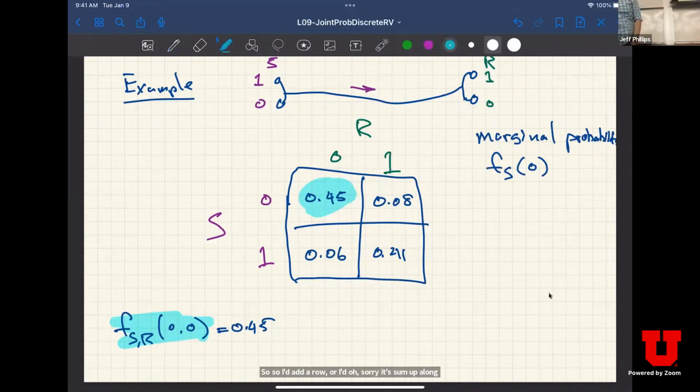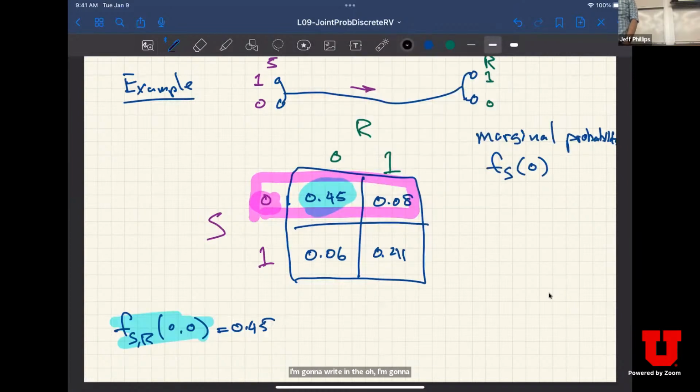sum up along the row. Right, okay. So I would look at the whole, let's say s equals 0, and I would sum up on this row. And what I'm going to do is write this in the margins. This is 0.53, which is 0.45 plus 0.08, right? This is called the marginal probability.